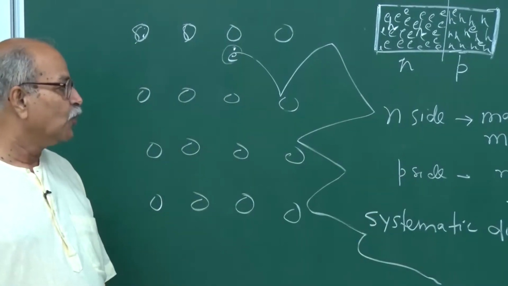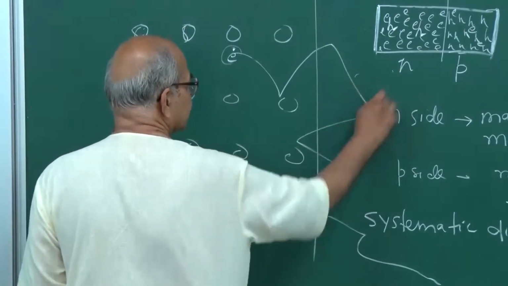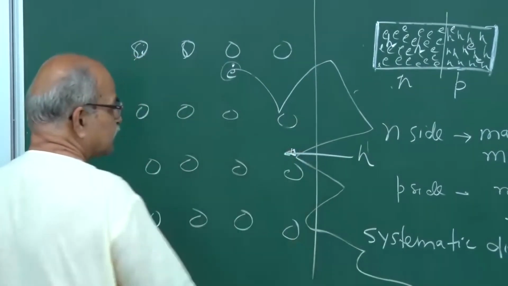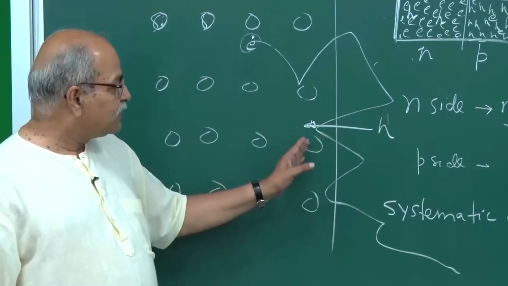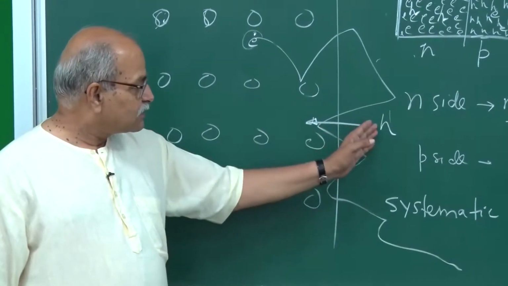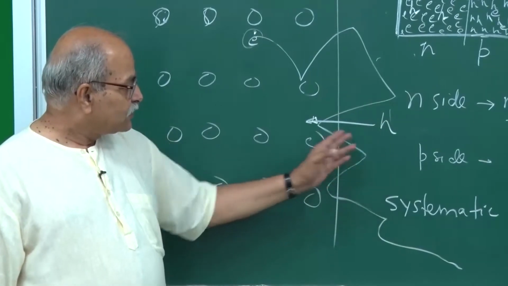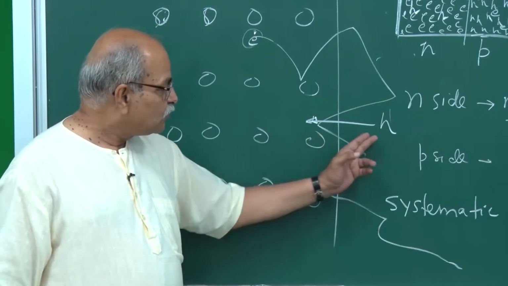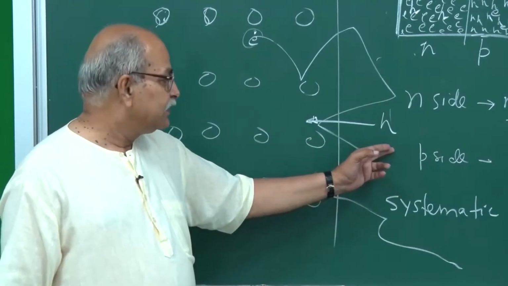And similarly, holes. If you have a large number of holes here, some holes can diffuse to this side. Hole diffusion, you remember, the bonded electron breaks from here, and there was already a hole here, a broken bond was here. So, a new bond is broken here, and the bonded electron goes there, and the hole is filled here.